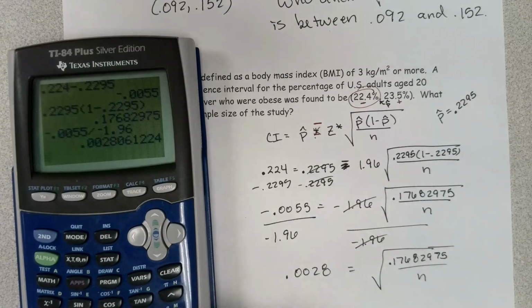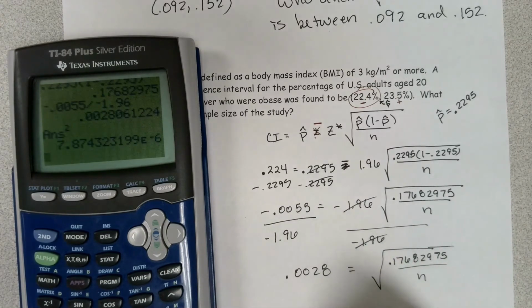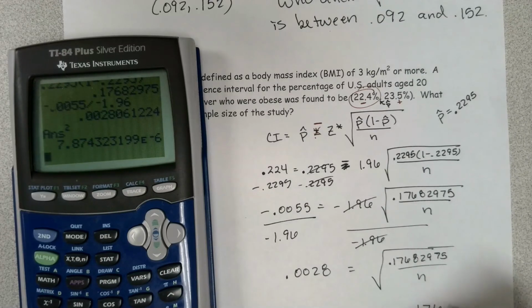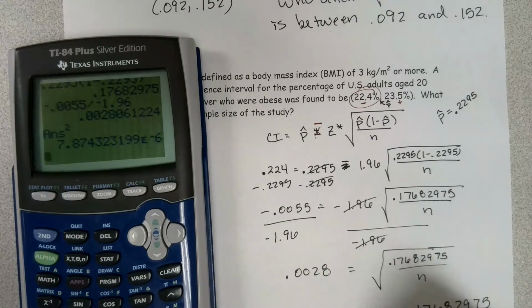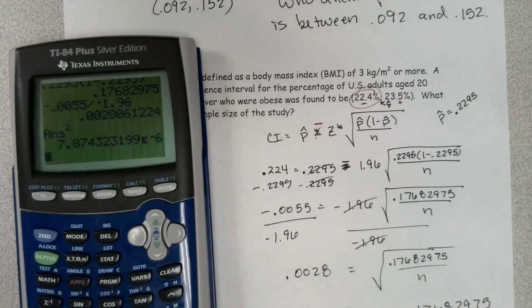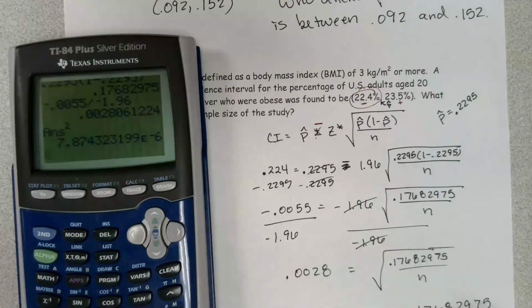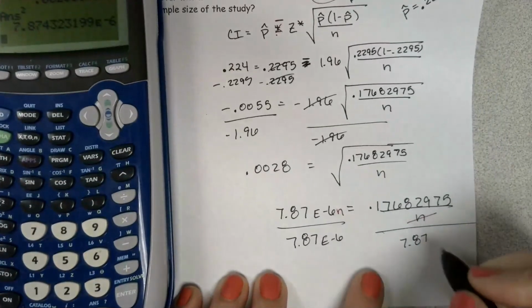Okay, now I have to square both sides. So I've got 7.87 times 10 to the negative 6th equals 0.1768297 over n. I have to multiply both sides by n to cancel that out, which means I then have to divide by my scientific notation.